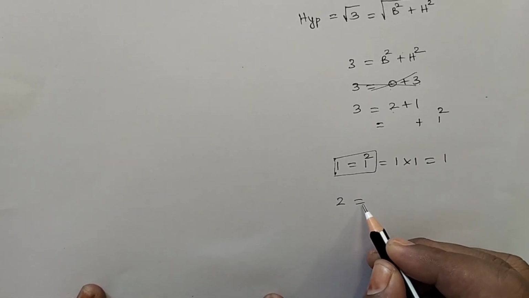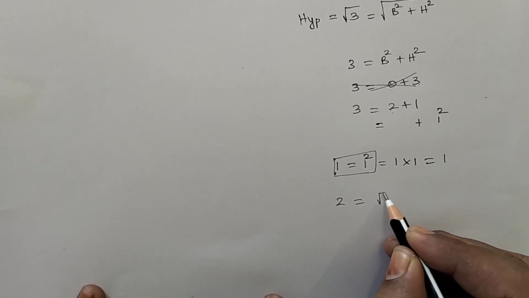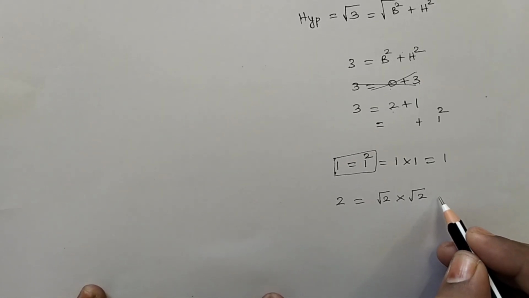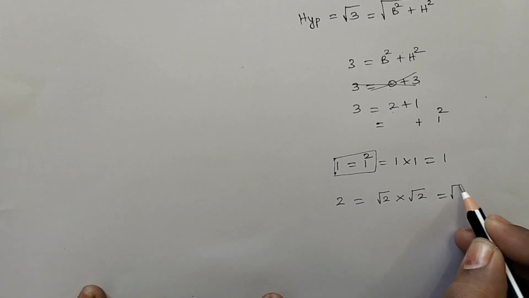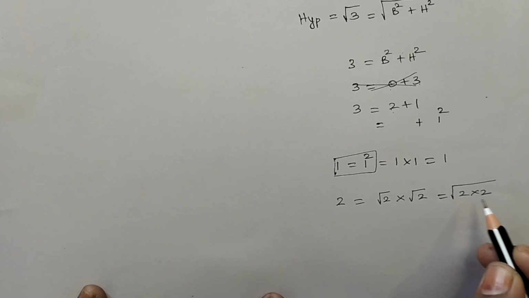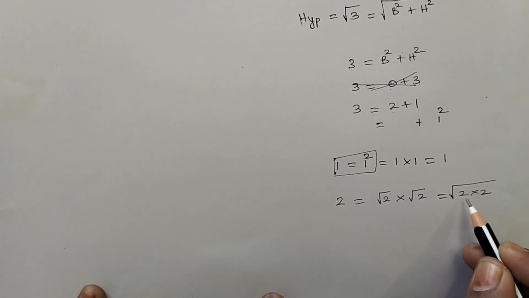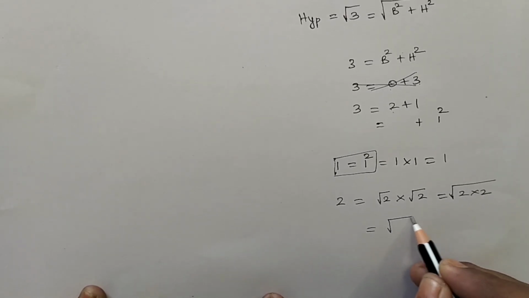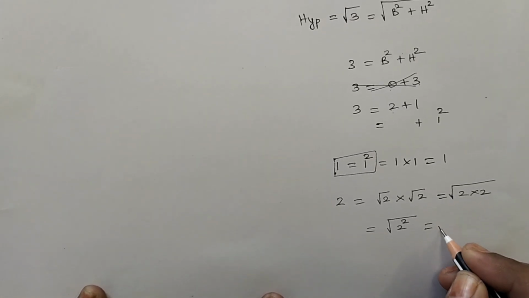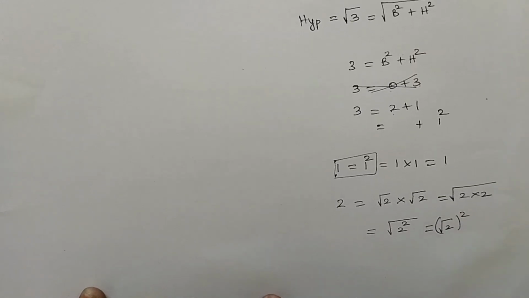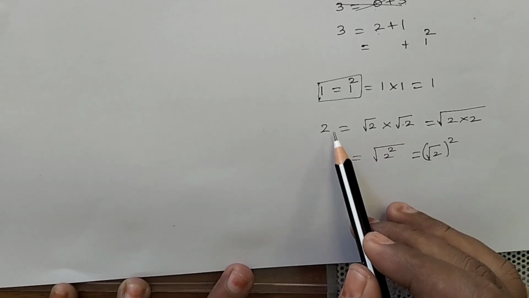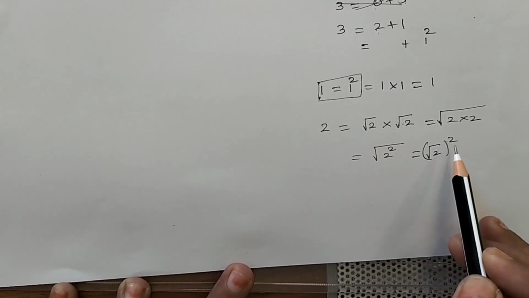So I can split 2 into root 2 into root 2, because it is root of 2 into 2, that is root of 2 square. So it is nothing but root 2 the whole square. In simple terms, by this step itself, I can write 2 as root 2 the whole square.